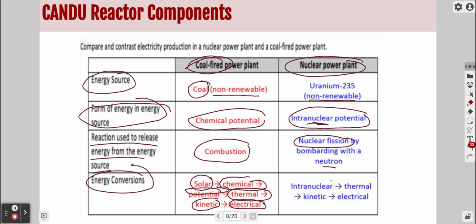Whereas the nuclear power plant, it's the nuclear energy that's inside that uranium, which you then react in a fission reaction, and you get thermal and kinetic. Thermal energy coming out that you heat the water. Water turns to steam, turns the generator. Generator creates electricity. Okay. So you can see the last three energy changes are the same whether you're talking about coal or you're talking about nuclear.